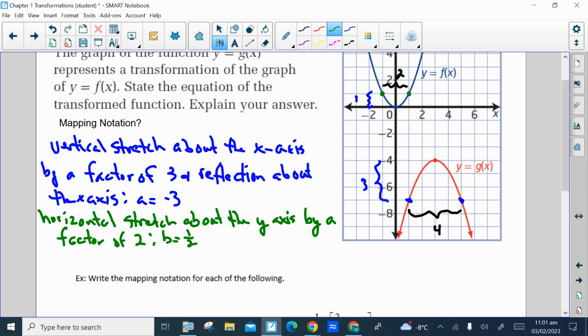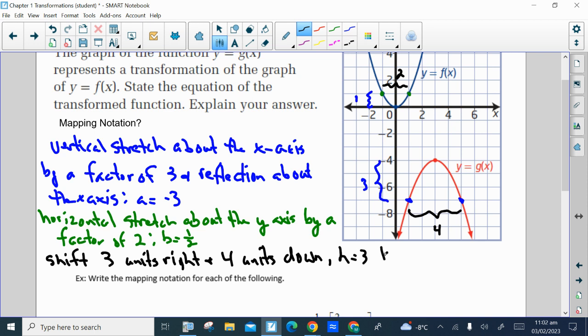The horizontal stretch factor and the b value are always reciprocals of each other. And finally, the graph is going to shift 3 units right and 4 units down, which means that our h value is 3 and our k value is -4.